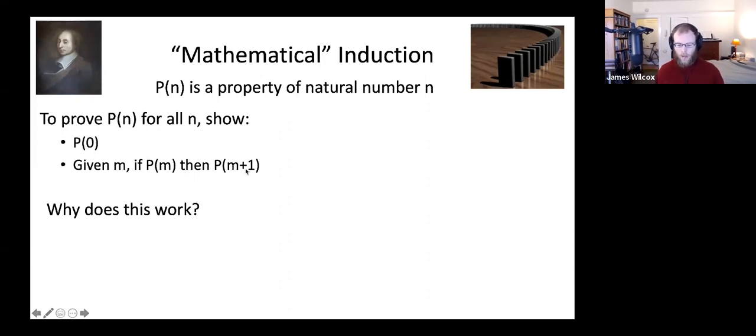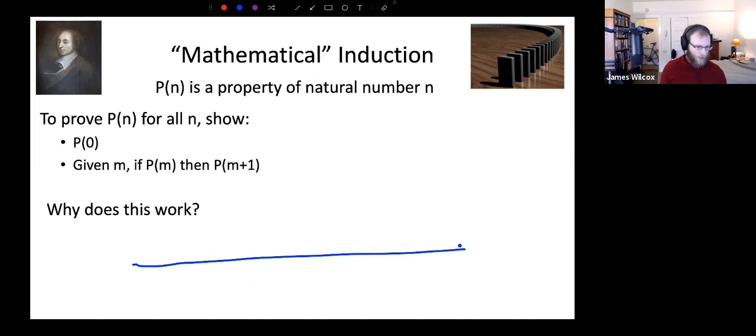Okay, so maybe let's take a second and be philosophical. Why is it that mathematical induction works? What is it about this technique that allows you to prove something about all numbers? I guess one way to think about it is if we draw a number line down here somewhere.